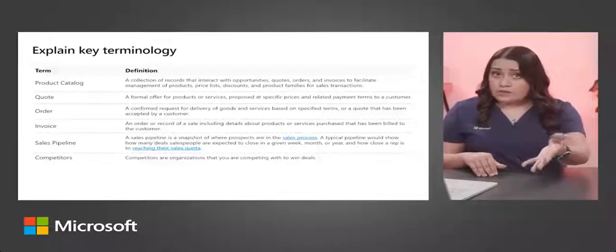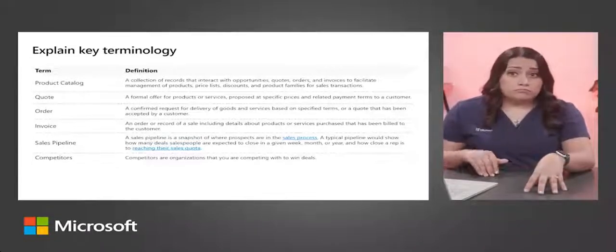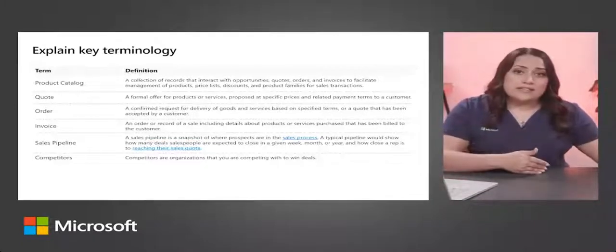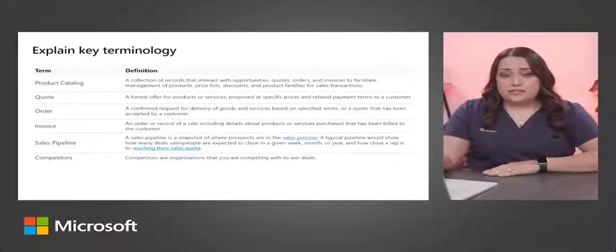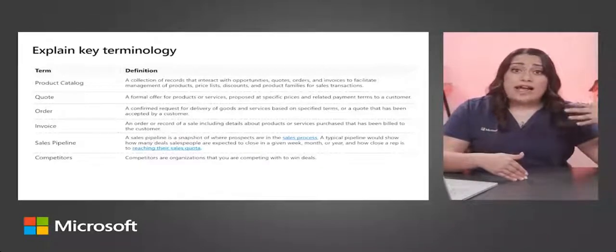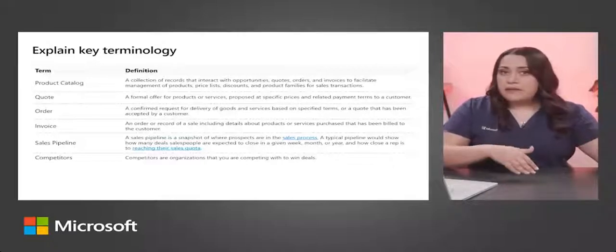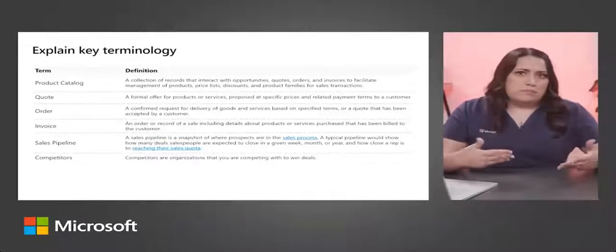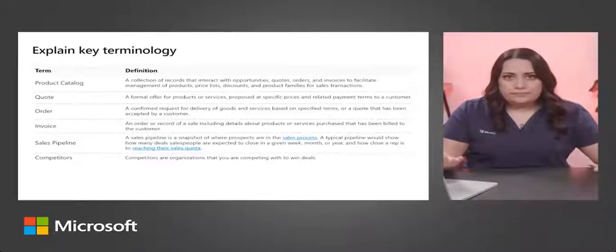But once your customer agrees to the terms of the quote, it then changes into an order. And that's then processed and triggers the fulfillment process. Now, depending on the terms of the order, an invoice is going to be sent out before the goods are delivered, but it can also be sent out after. Just think of this as the bill for the order.